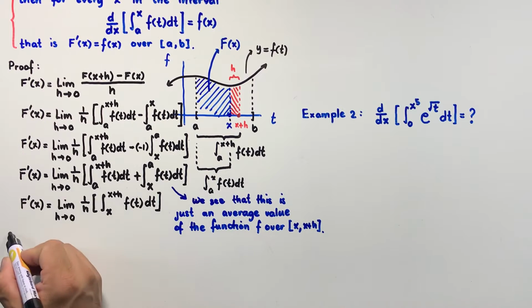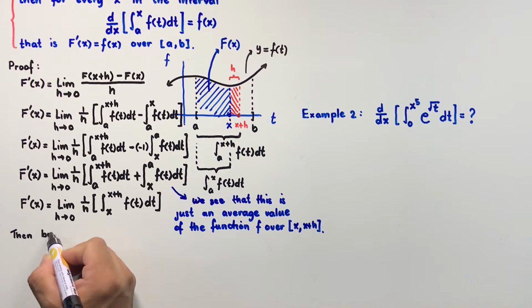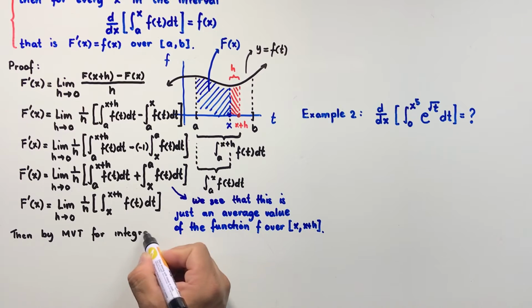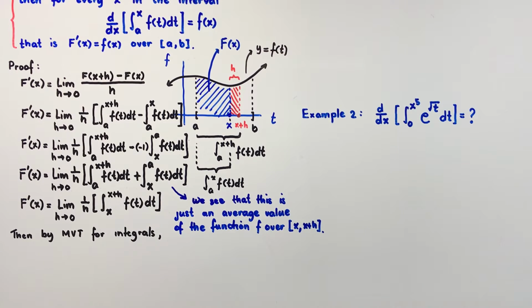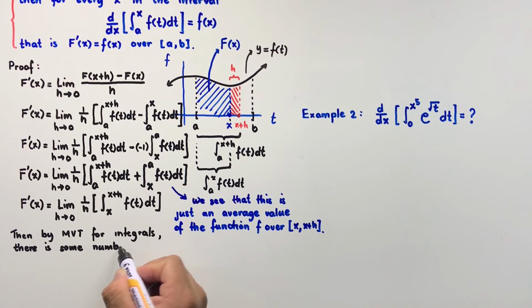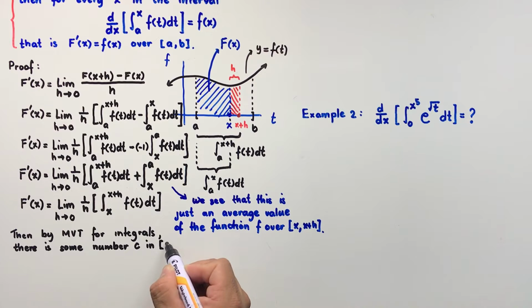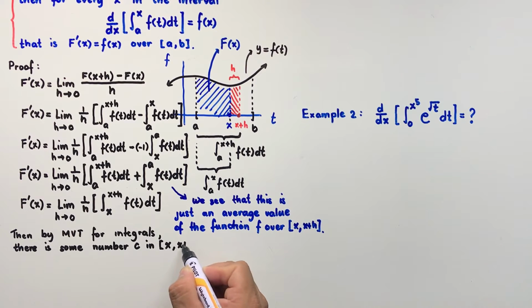Then we say that by the mean value theorem for integrals, there is some number c in this interval from x to x plus h.